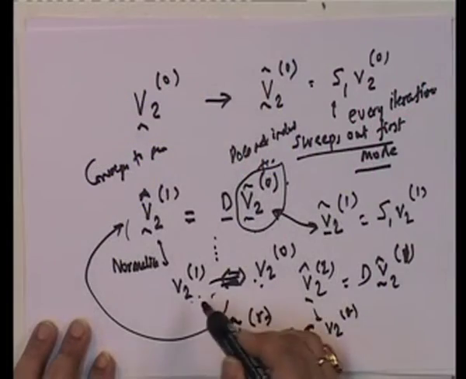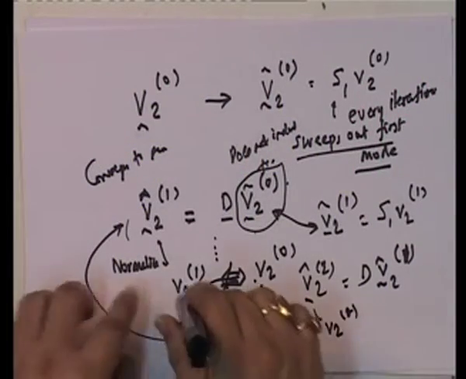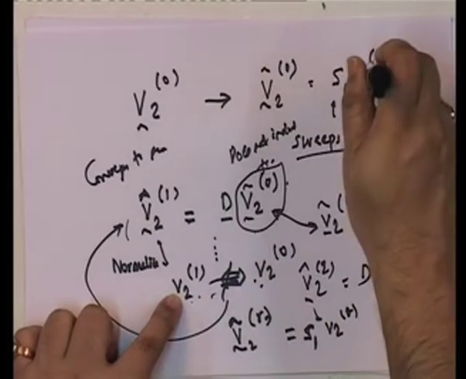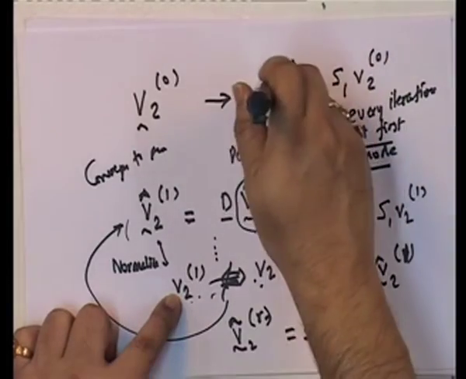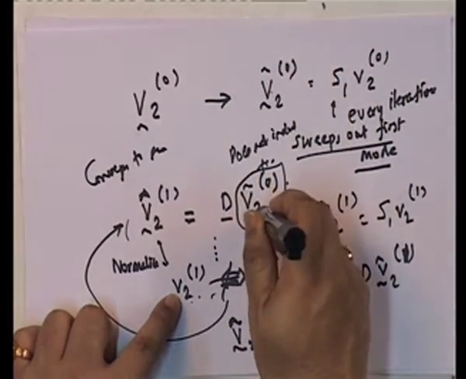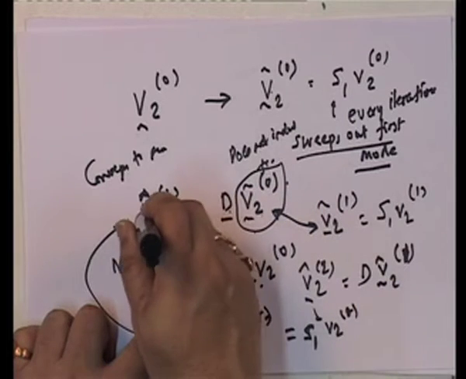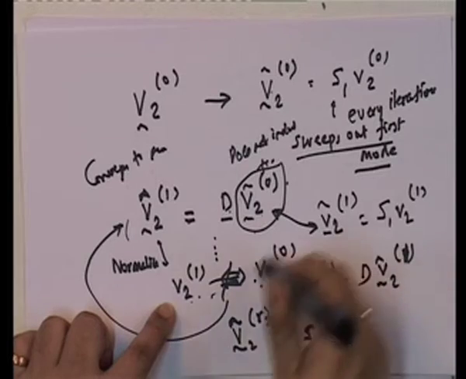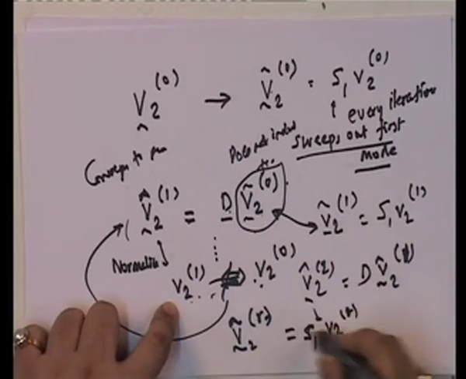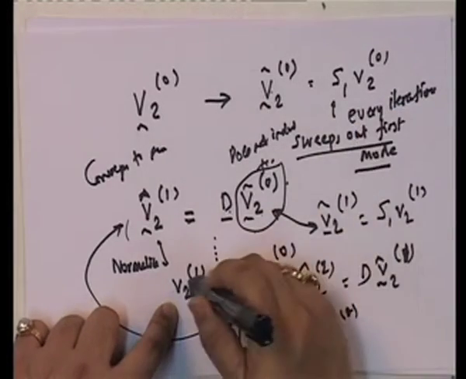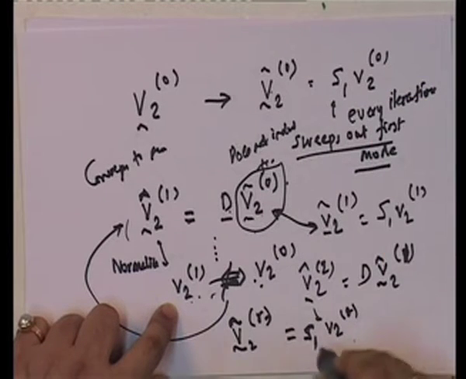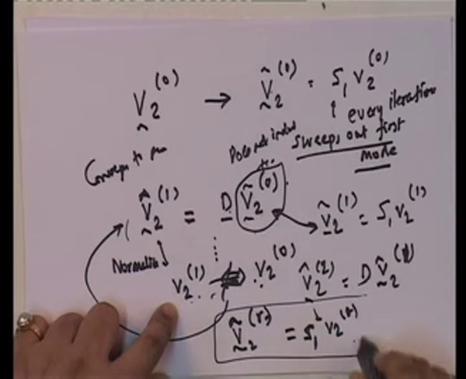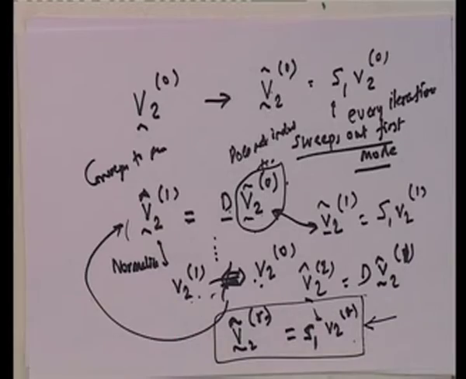The first thing is check this. If the check fails, then take this, put it into this, sweep it out. Take this, put it in here, find out the next one with D. Normalize, check. If it doesn't converge, go back and sweep. Every one has to be swept.